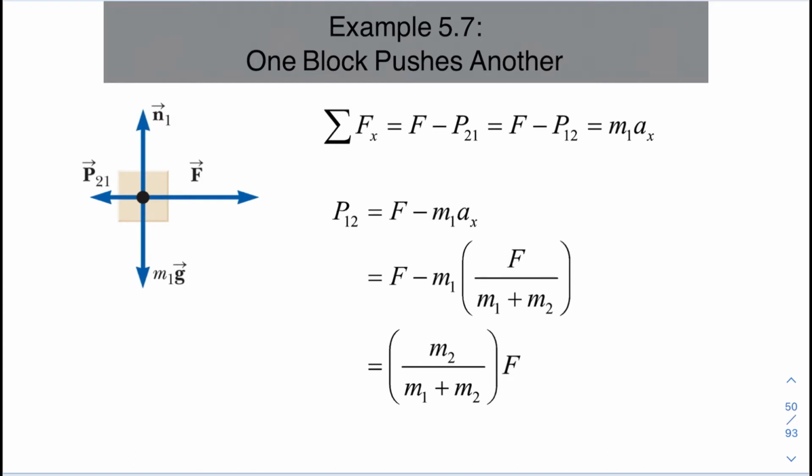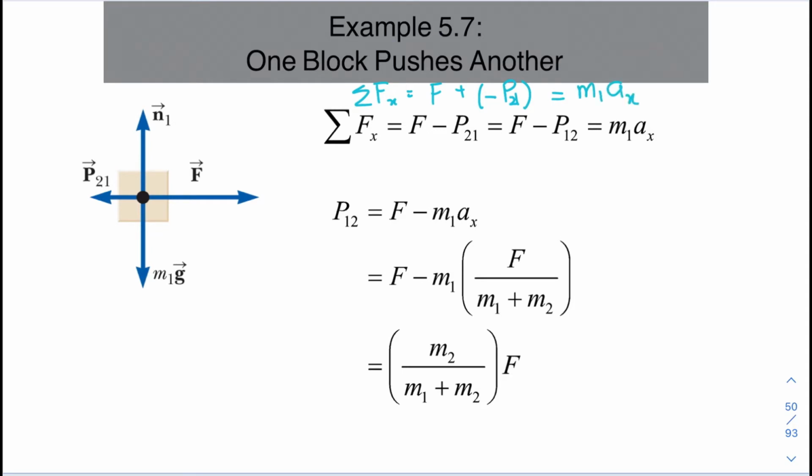Now object 1. These are all the forces acting on it. The summation of Fx is F to the right, positive. When we do summation, we are doing addition, so the summation of Fx equals F plus, actually, P21, but P21 is to the left, so it has a negative sign, equal to M1 A along x.